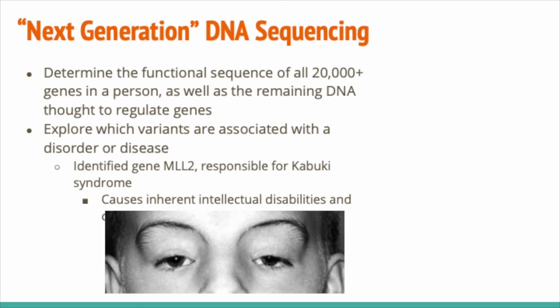And we're doing this through something called next generation DNA sequencing. Through this, we've been able to identify a gene called MLL2, which is responsible for Kabuki syndrome. Kabuki syndrome causes inherent intellectual disabilities and certain abnormal facial features.